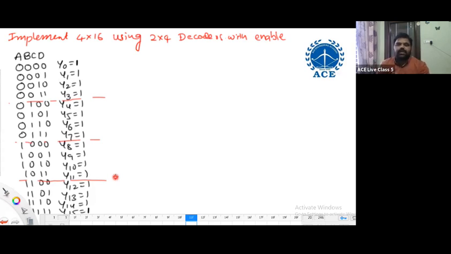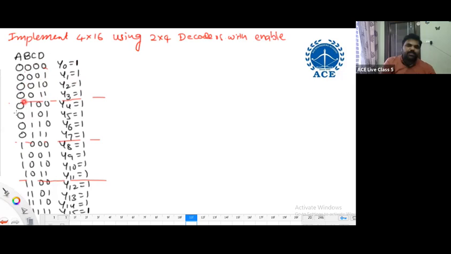That's fine, but if you observe clearly, in each of these 4 parts, in the first part AB is 00 common, in the second part AB is 01 common, in the third part AB is 10 common, and in the fourth part AB is 11 common. In the first part, when AB is 00, CD 00 gives Y0 is 1, CD 01 gives Y1 is 1, CD 10 gives Y2 is 1, CD 11 gives Y3 is 1.